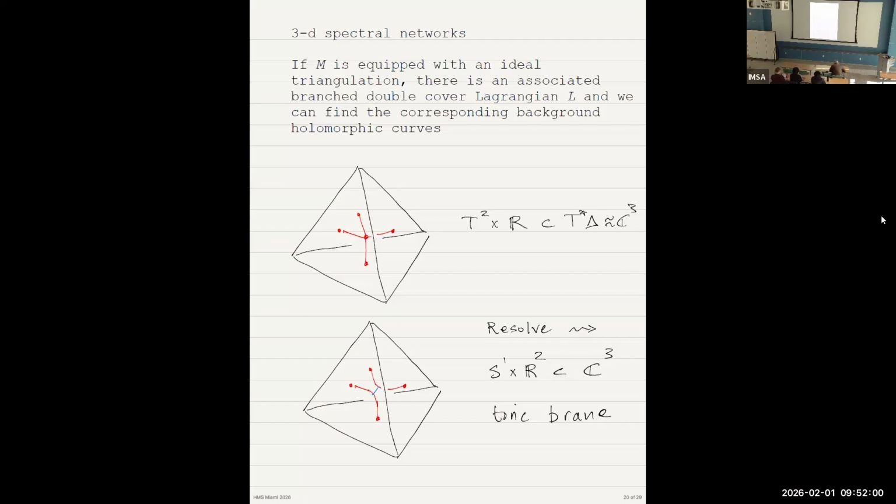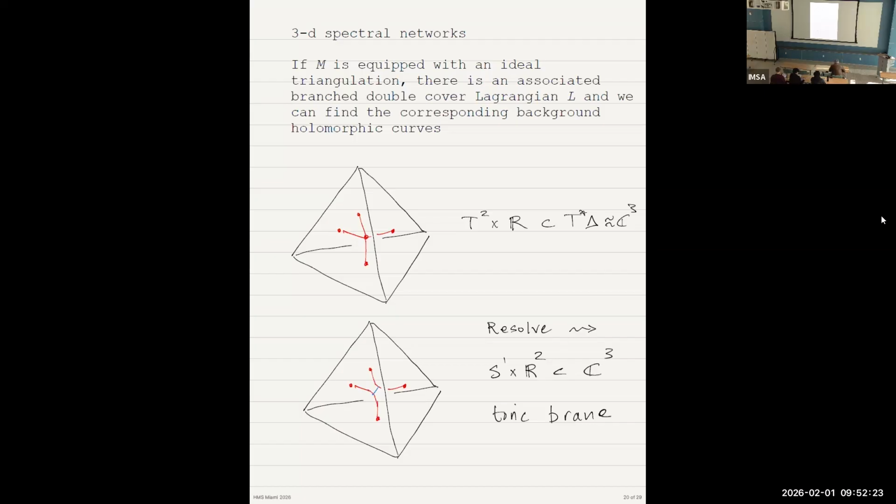And now as a first approximation, we just take this torus times R, and we go all the way into the middle of the tetrahedron. What actually happens right at the vertex is that the Legendrian, this double covered torus, is actually a copy of this Legendrian that we saw in the toric brane.